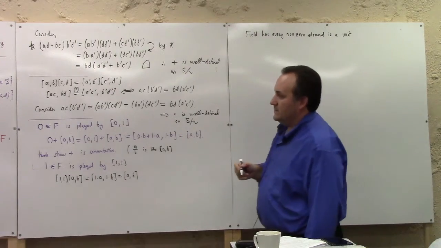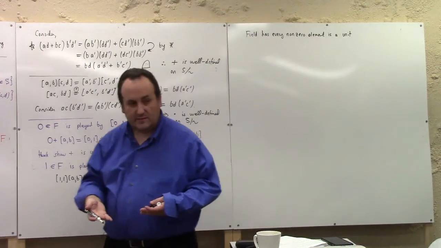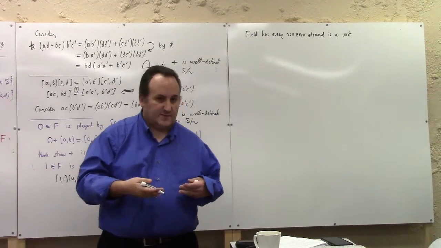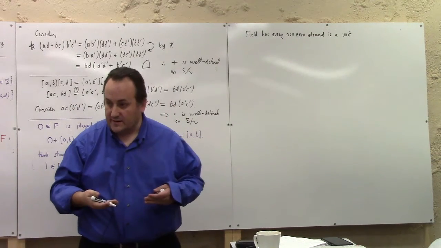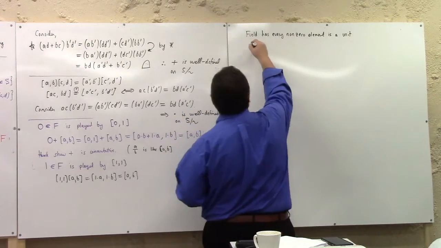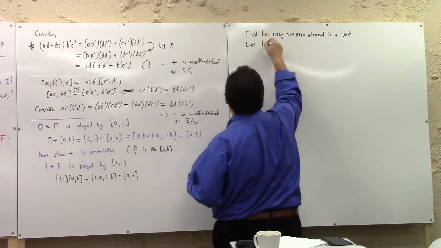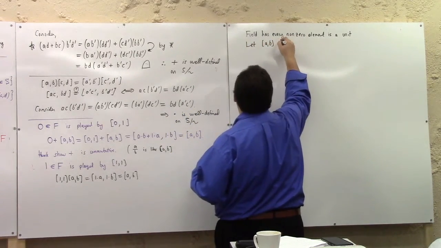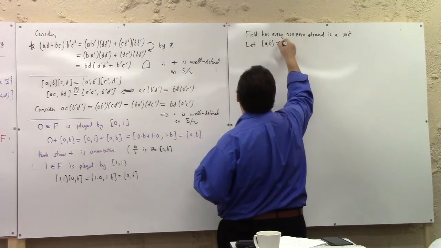So if this F that we're building is a field, we need to be able to exhibit the inverse for an arbitrary non-zero element, right? So let (a, b) be not equal to 0, right?